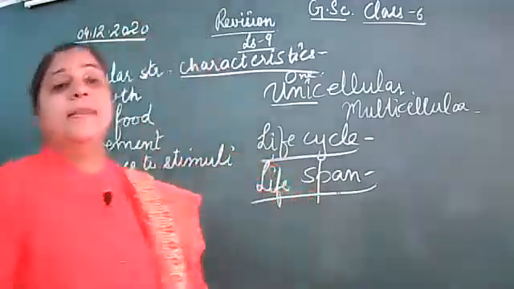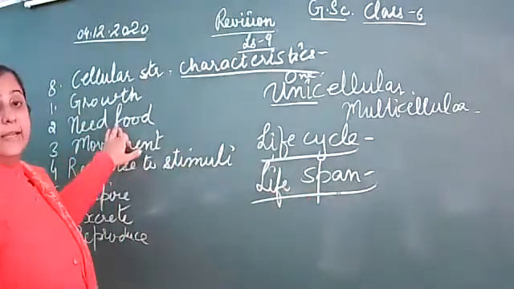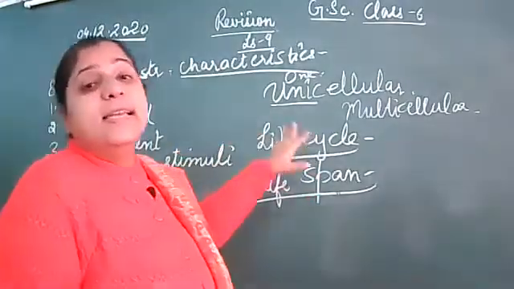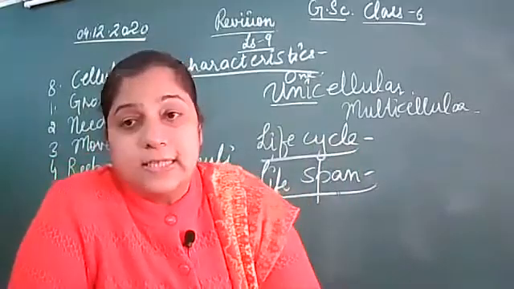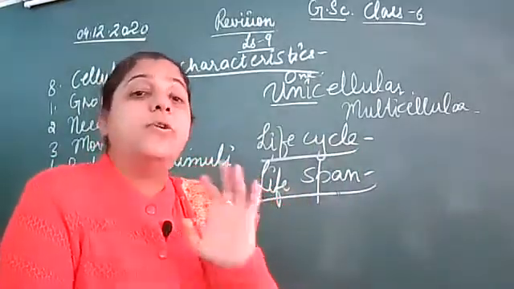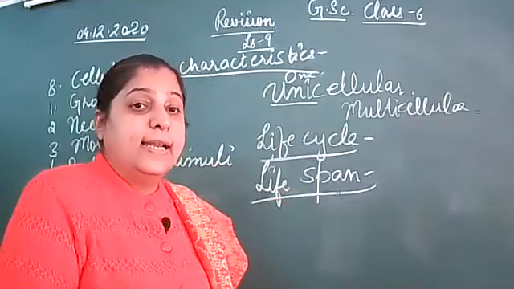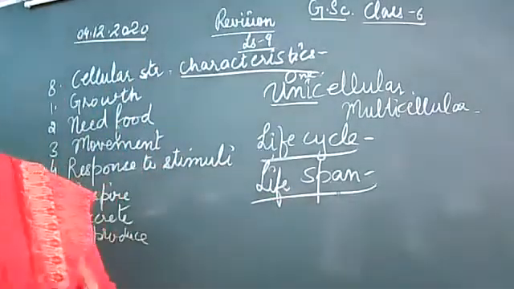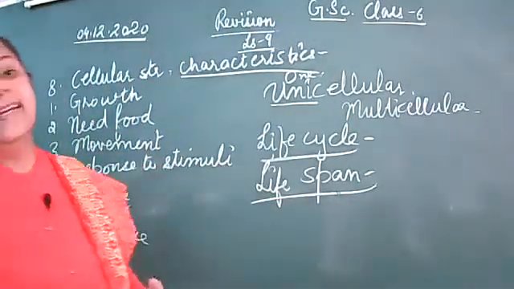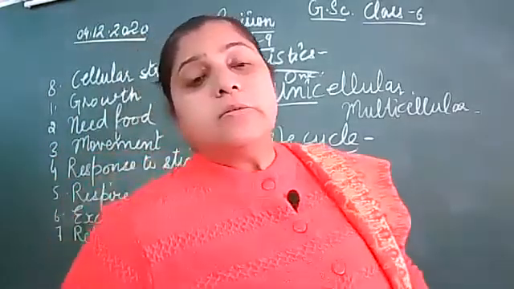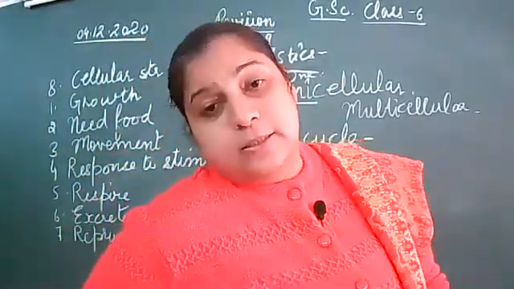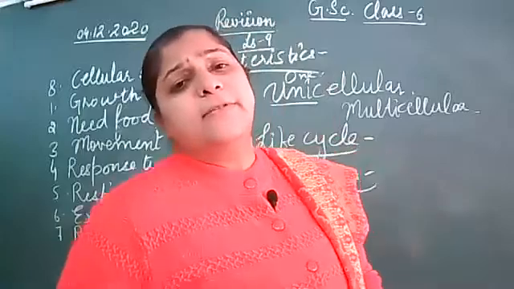Okay. Next characteristic is need food. All the living organisms, they need food to survive. Right? Why do they need food? Because this food provides them energy to do every kind of work. Every living organism needs food.